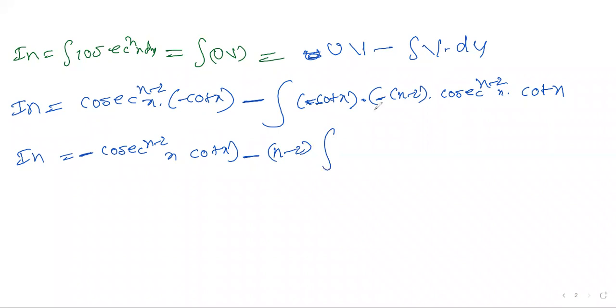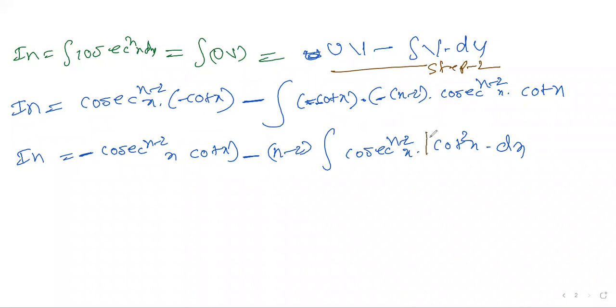The rest of the things I will write first: cosecant power n minus 2 x into cot square x dx. Still no doubt here. This is the UV format, and you can take it as the step number 2 UV analysis that we are going to apply.